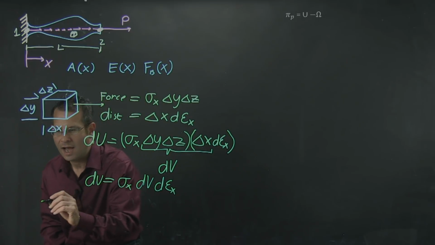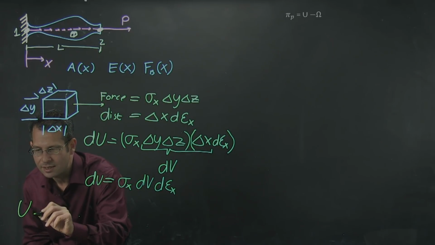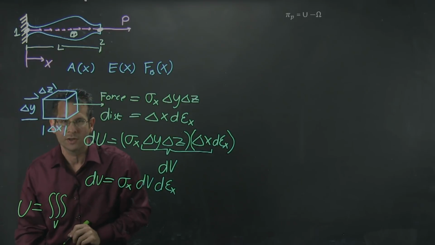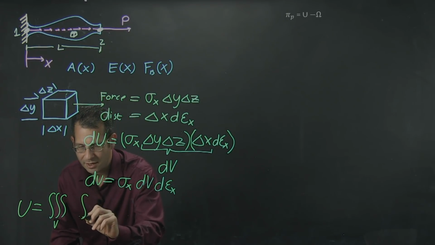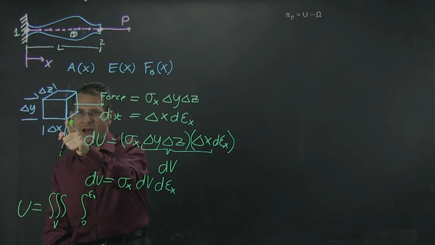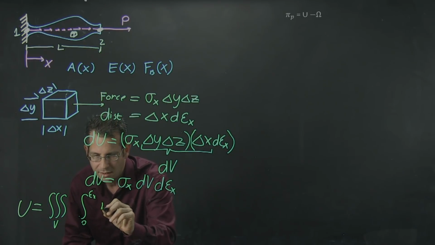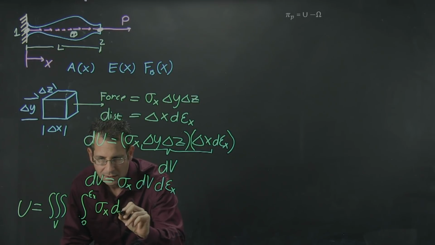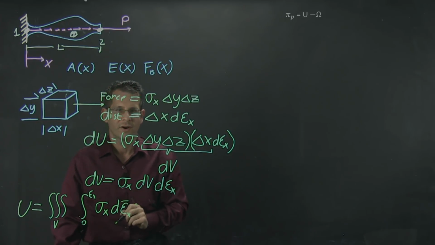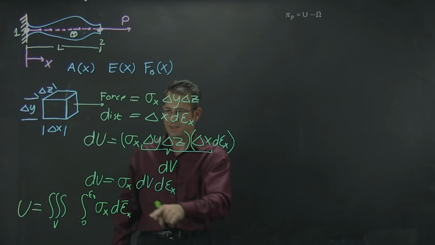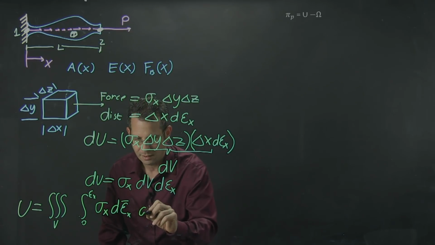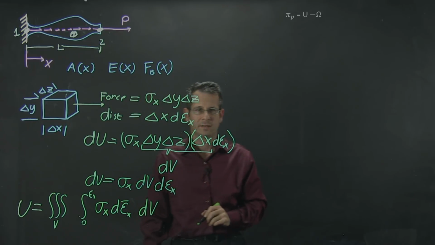So if I do that, I will get my total strain energy in the entire bar element is the triple integral over the volume times the integral from 0 to the strain at this value of x along this face, of stress d strain, where this is the dummy variable strain because I'm integrating over that, dV.